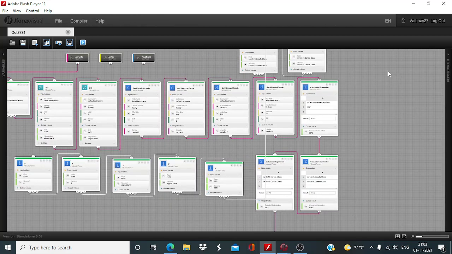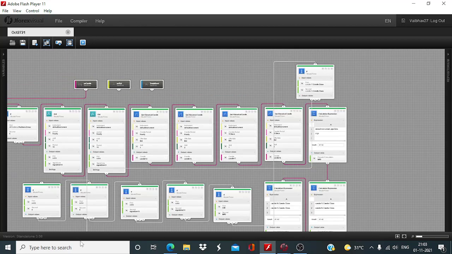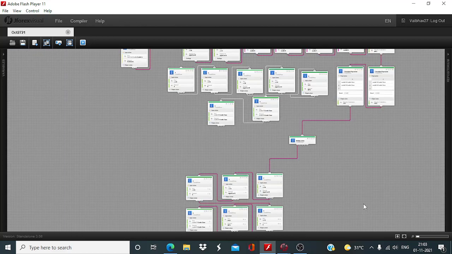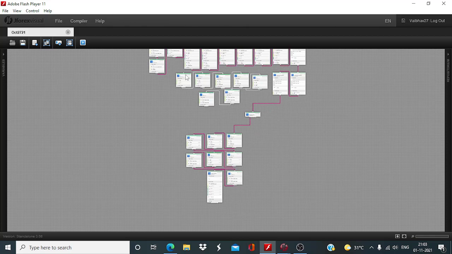With this we have defined these conditions for the execution of the sale trade. Now let me arrange this on the lower side. It is not going to take much time, just a couple of seconds I guess.